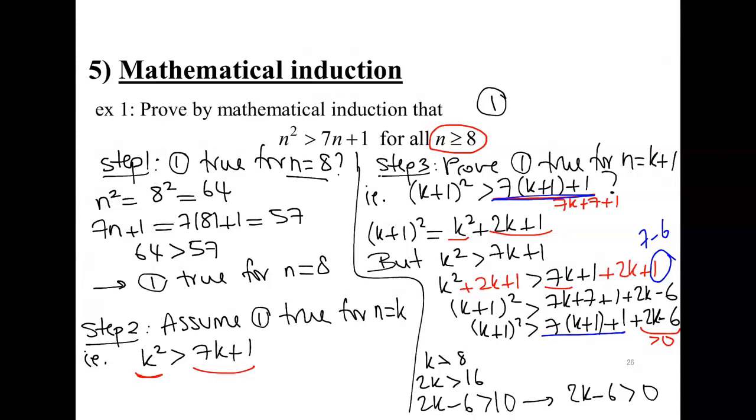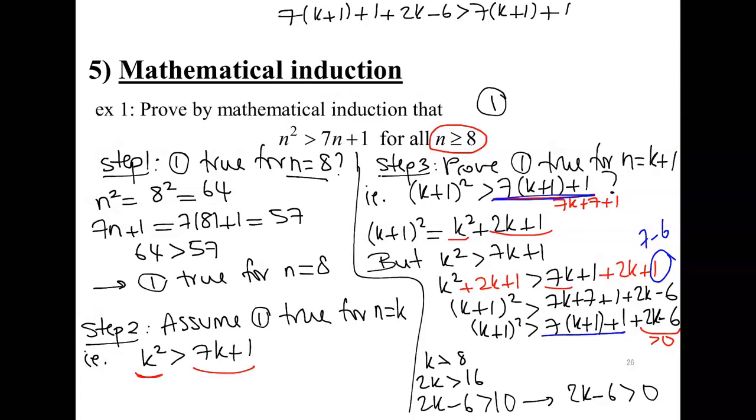Fine. Now that we've proved that 2k minus 6 is positive, I'm just going to finish the proof up at the top here. So, since 2k minus 6 is positive, then 7 into k plus 1 plus 1 plus 2k minus 6 is greater than 7 into k plus 1 plus 1, right?